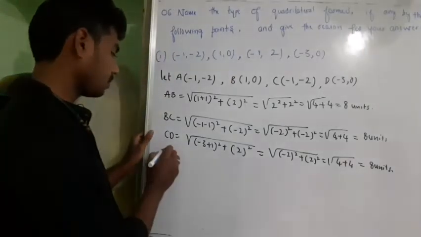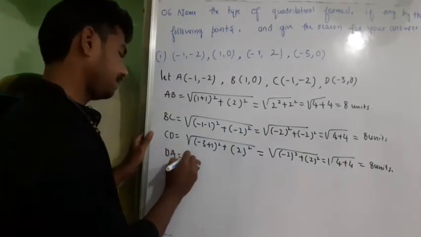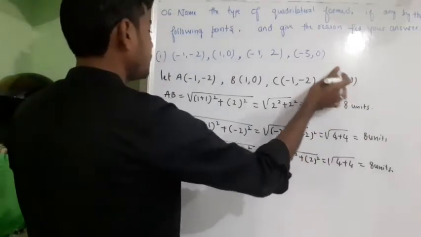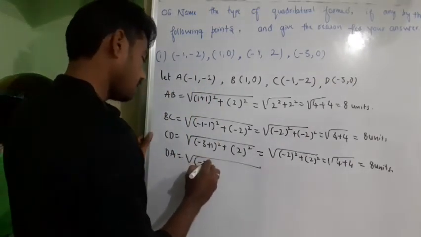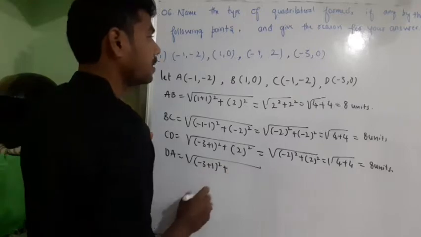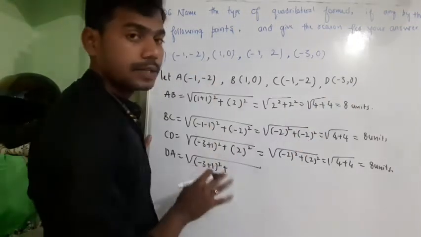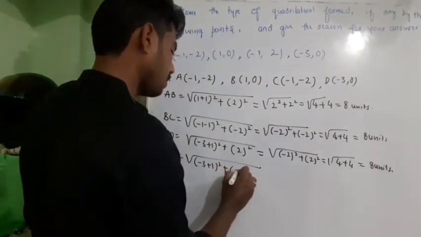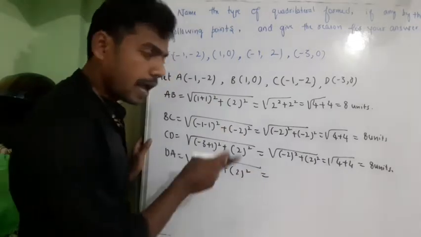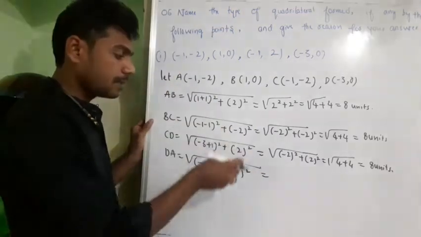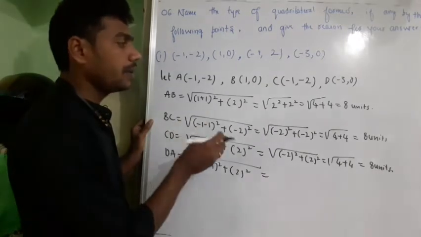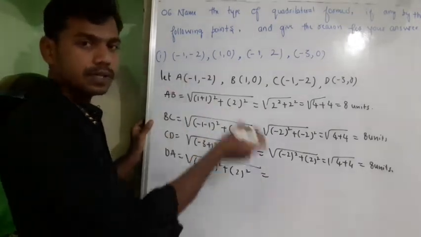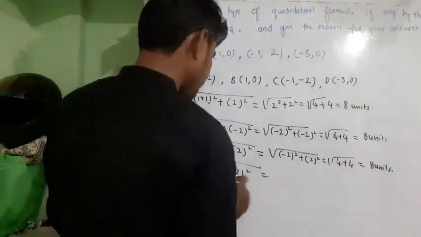Next, DA: (minus 3 minus of minus 1, that is plus 1, minus 3 plus 1) whole square, plus (0 minus of minus 2, that is plus 2) square. So directly I am substituting the values in the formula. When you are solving, you need to write the formula and substitute the values.